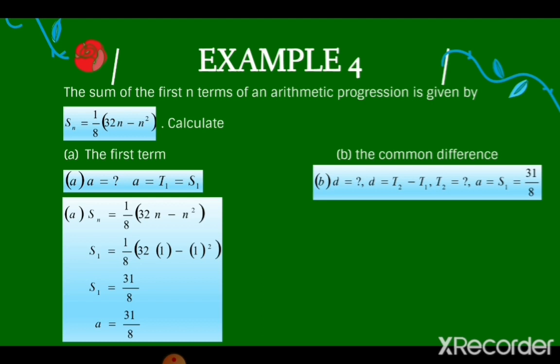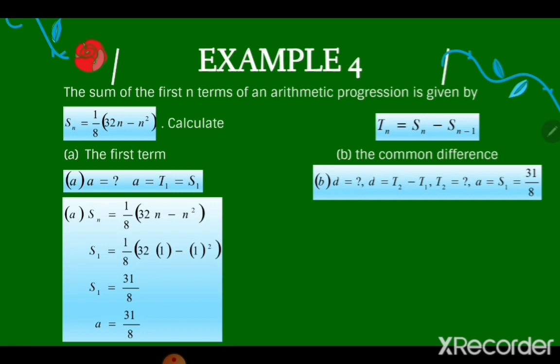How can you find the nth term? You are given Sn, we want to find Tn. This is where this formula comes in handy. Tn is equal to Sn minus Sn minus 1, the sum minus the sum of the terms before it.